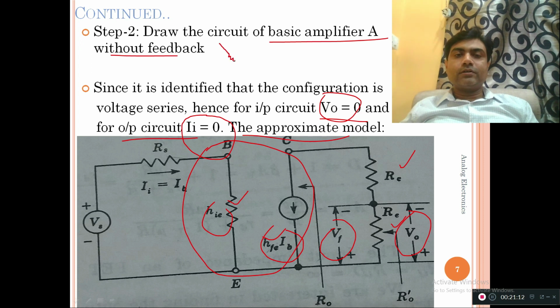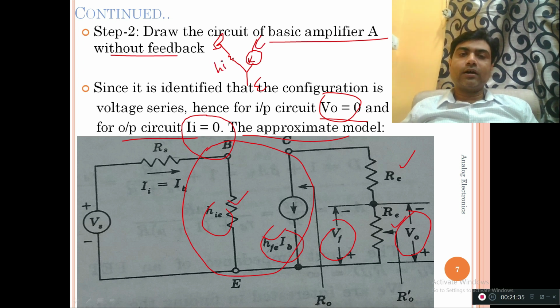For better understanding, I can draw a diagram for you here. This is the current source, this meets over here, and this is the terminal, this is V, this is the B, this is E, and this is C. And what is between B and E?